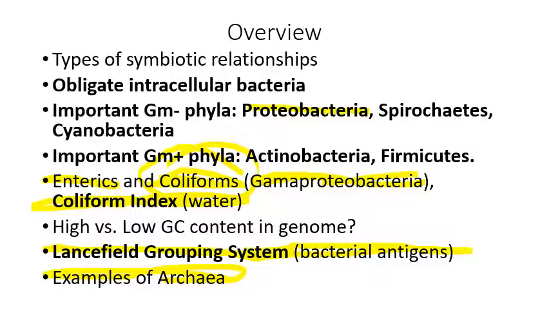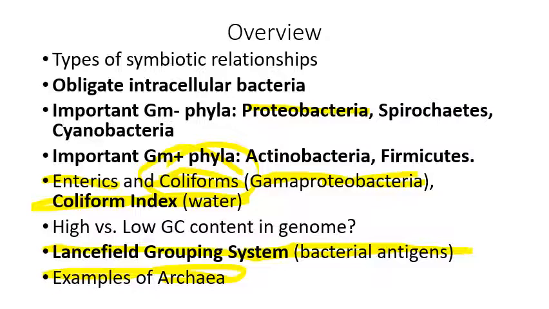And then we're going to learn about two of the important gram-positive bacteria phyla. One is called the Actinobacteria and the other is called the Firmicutes. They are two phyla that are composed of gram-positive bacteria. Then we're going to learn about a grouping of bacteria that are referred to as the enterics.